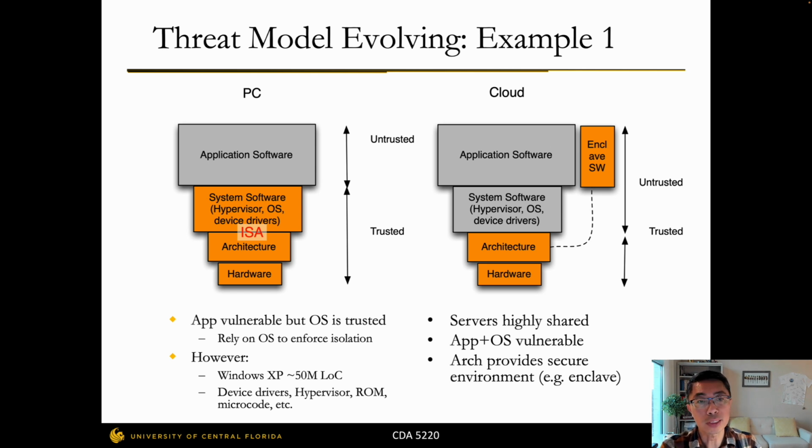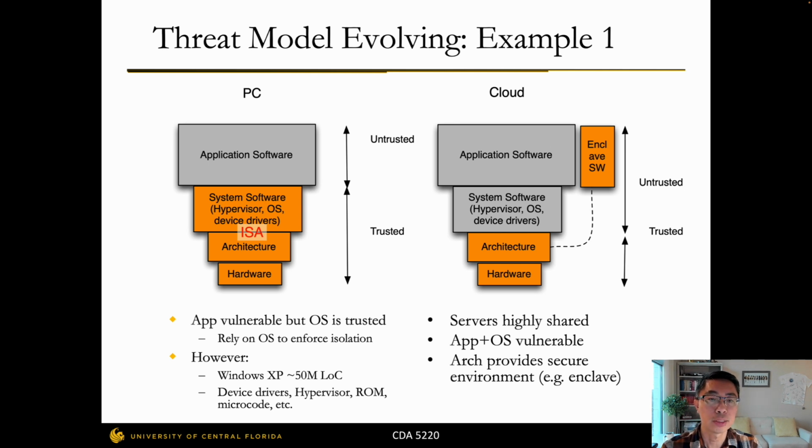They run their application software in the cloud, where the cloud computing providers provide the hardware, the architecture, and all the system software, including operating system, hypervisor, device drivers, etc. Because users perceive that they no longer have control of the system software, they start to lose trust in it and demand something stronger. Secure execution environment is an attempt to say, hey, we don't have to trust the system software.